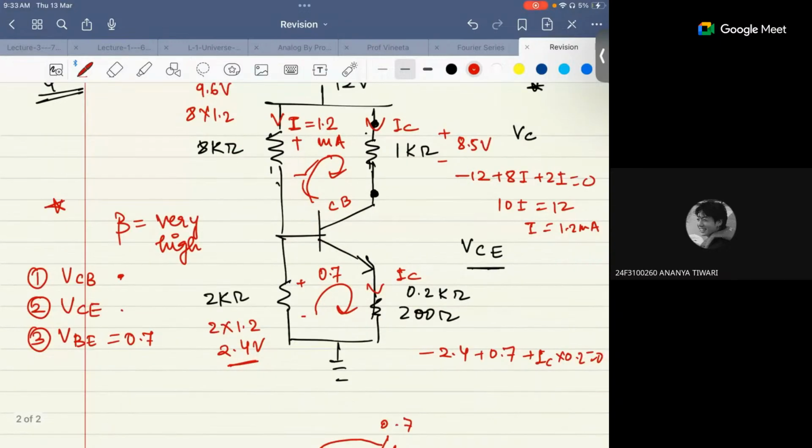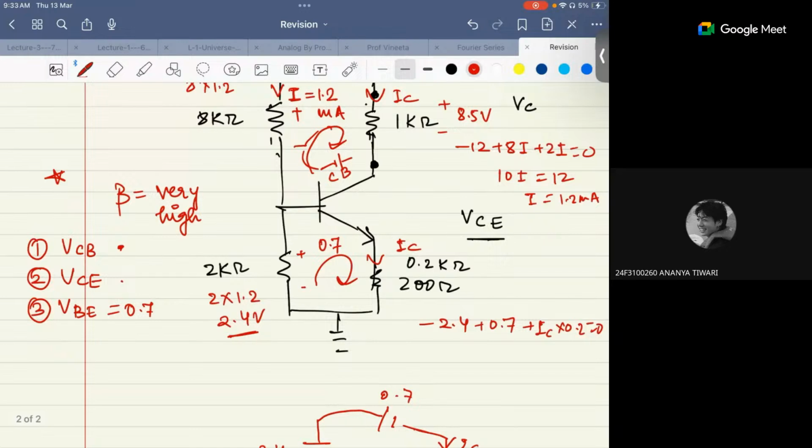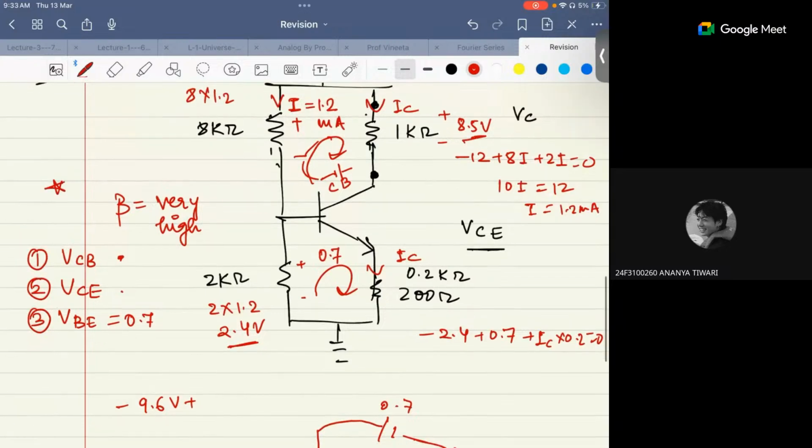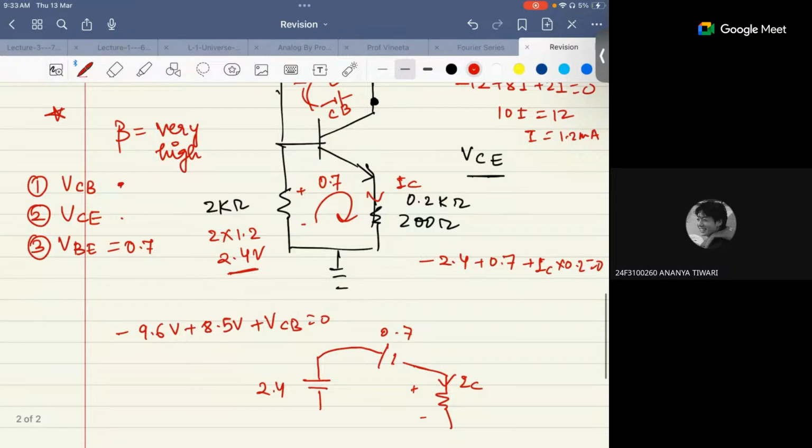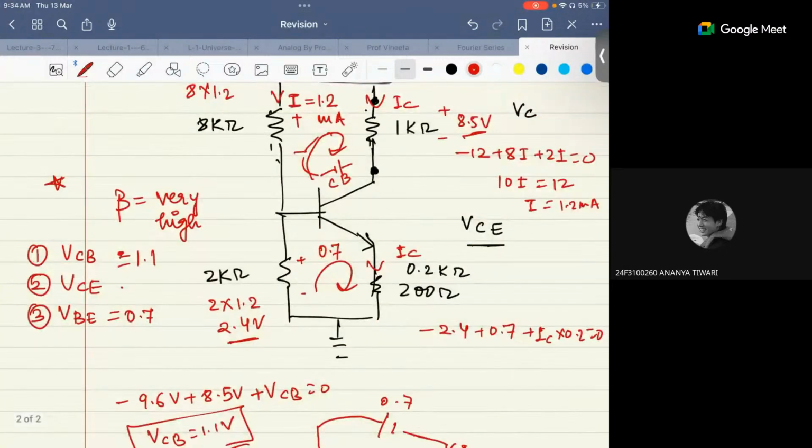So this will be minus 9.6 volt plus 8.5 volt, correct? And VCB equals 0, so VCB will be 1.1 volt. So this will be 1.1. If you have VCB, now you know already, right? This loop, the whole loop you can use.